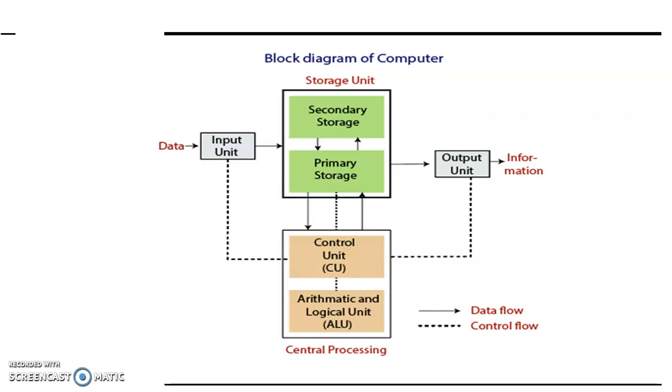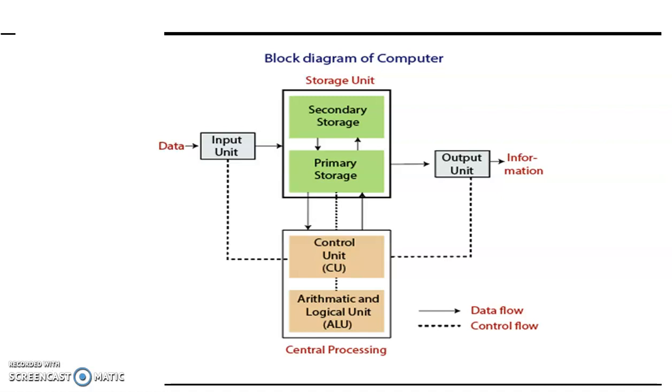So first let us discuss the input unit. Input unit is a link from the external environment to the computer, so that we can pass our data and instruction from an external device or external environment to the computer.